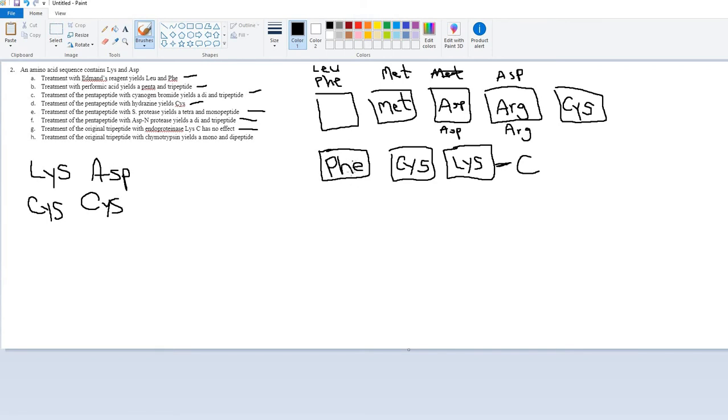And then that would cleave this protein into a mono and a dipeptide, like the clue says. So we only have one more amino acid, which is the leucine, which has to go here because it's the only spot left. And then you can check your work by going through all the clues and making sure that they match up.